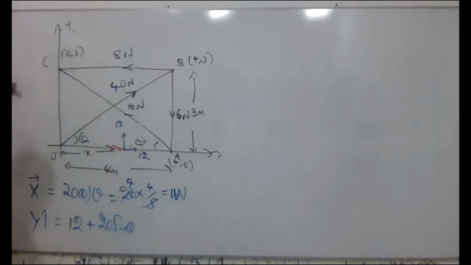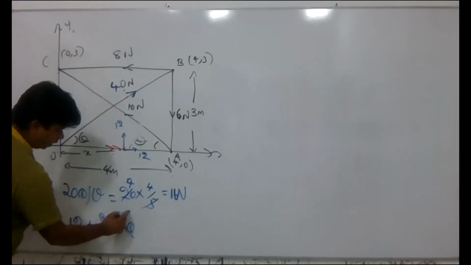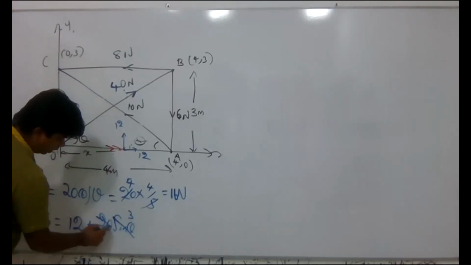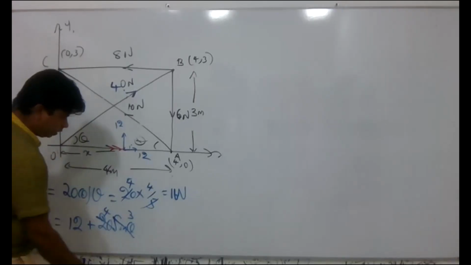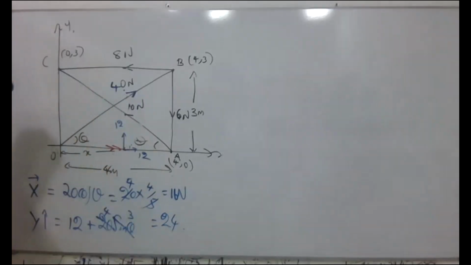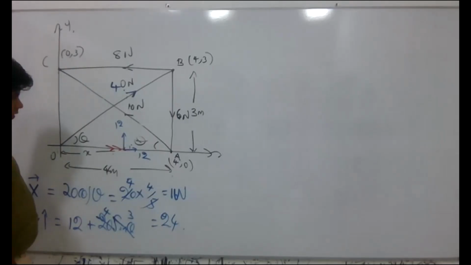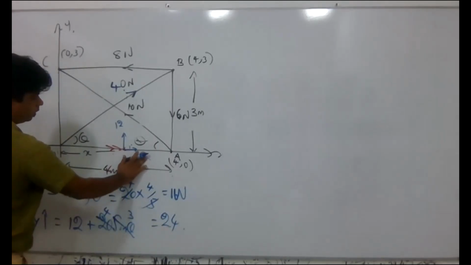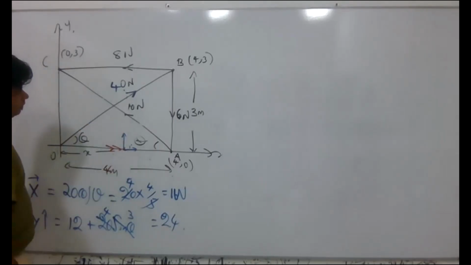Here 3, here 5 means actually 4 into 3, then 12, 12, 24. Clear? The new algebraic sum of the vertical components is 24 Newtons.